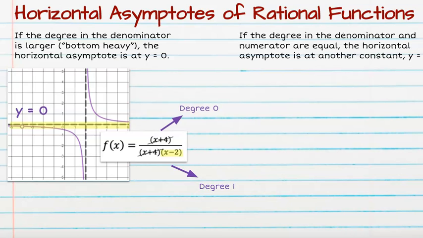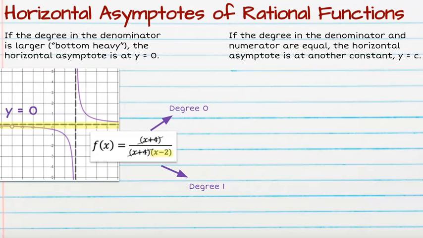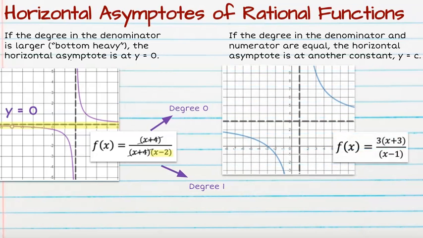Another scenario is if the degree in the denominator and the numerator are equal. Then the horizontal asymptote is at another constant, y equals c. So if we look at this scenario, the factor of x plus 3 in the numerator and the factor of x minus 1 in the denominator have the same degree. Both of them have a degree of 1, or the first power.